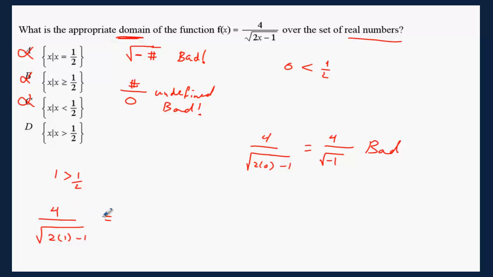It does not matter if it's a rational number or irrational number. So it's going to be 4 over, 2 times 1 is 2, 2 minus 1 is 1, square root of 1 is 1, and that is going to be 4. It's going to be a number. Alright, so that is choice D. It works well.